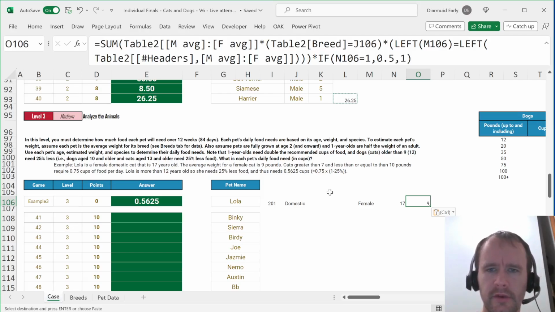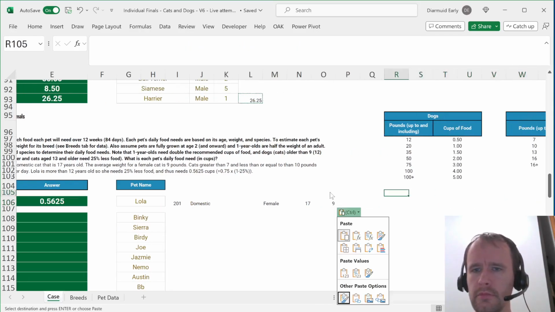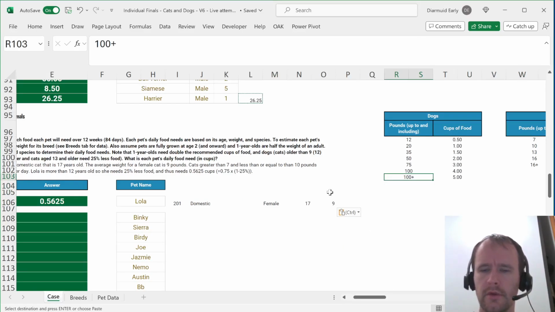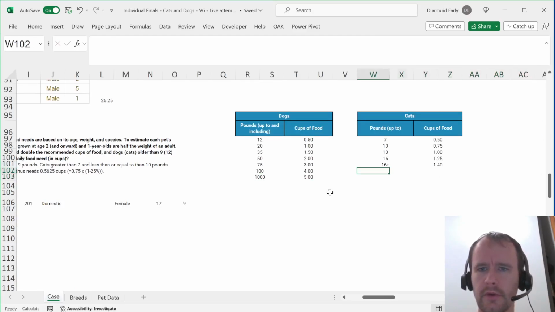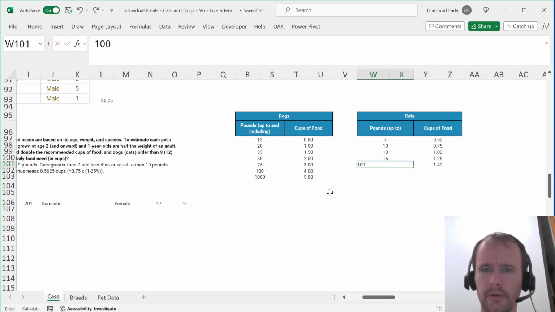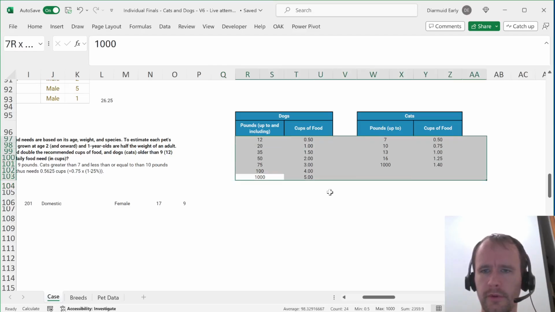Cats greater than 7 and less than or equal to 10 pounds require this many cups of food per day. Okay, fine. So for this, I'm going to make that 1,000 because nothing, I assume, goes over 1,000. And this, make it 100. Make it 1,000 as well, doesn't matter. Up to and including, yeah, so that's going to be a next lookup. I just want to unmerge these.